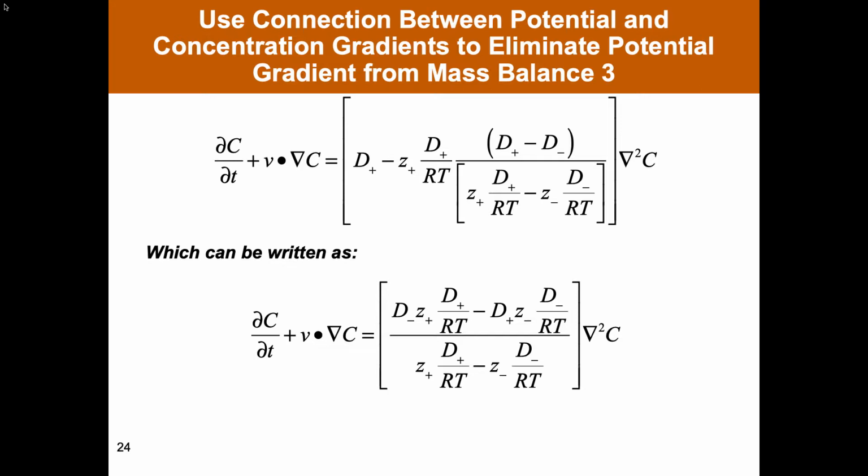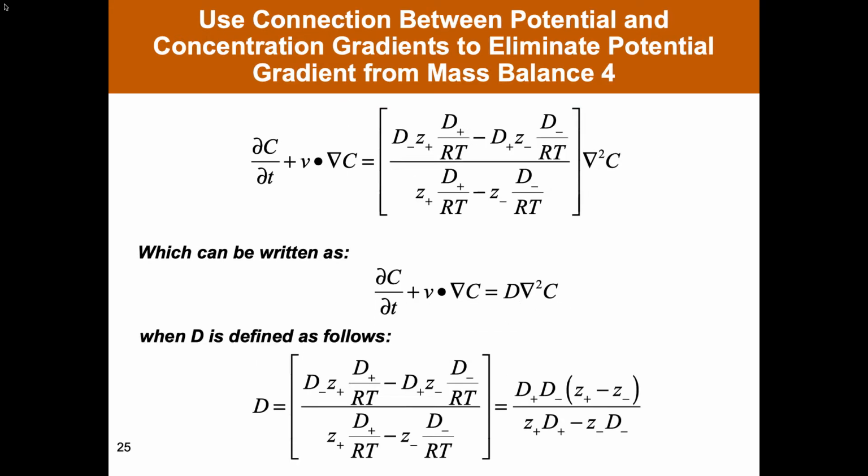So this brings us to a really powerful point in terms of being able to analyze the effect of transport of charged species through polymers or through aqueous media. And so it's typical to write this term as the salt diffusion coefficient.